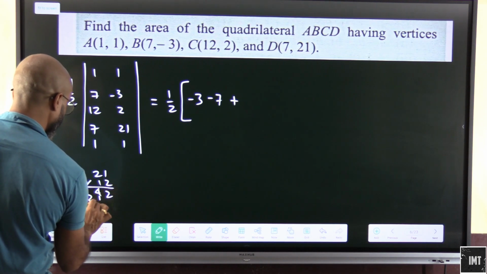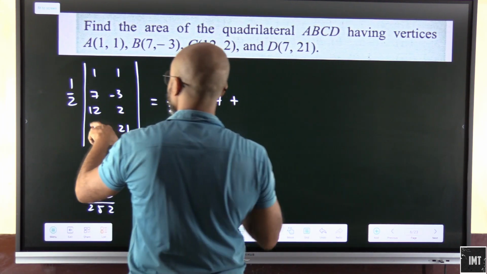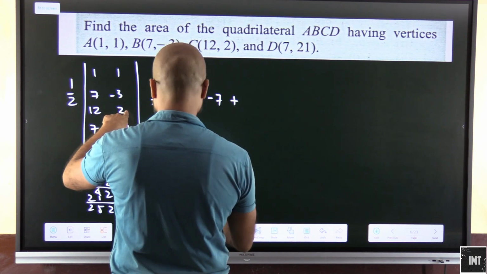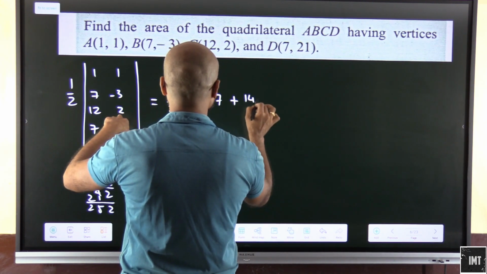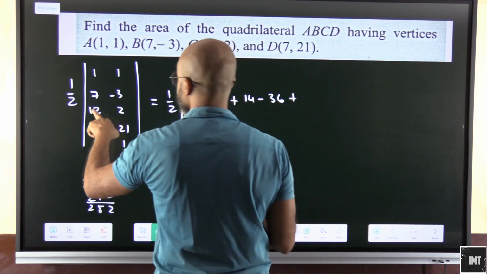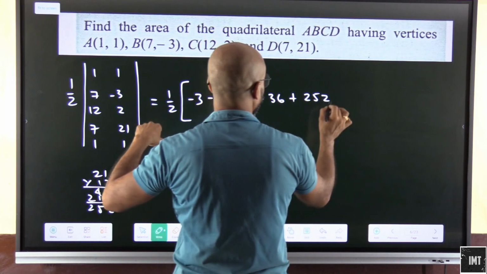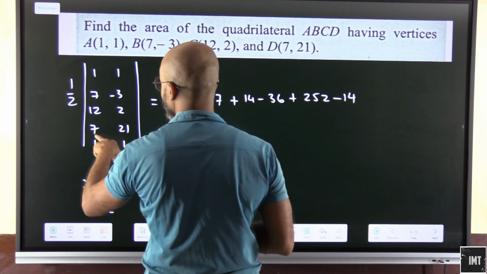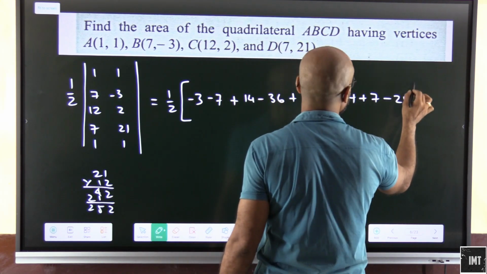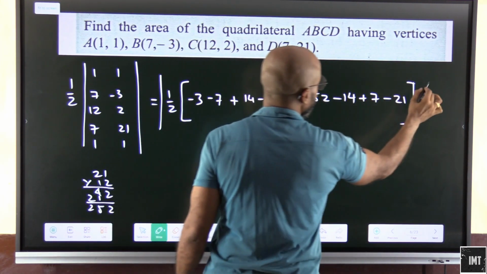42, 21, 252, so this will be 12 minus 3 minus 7, 2 sevens are 14, plus 14 minus 36 plus 252 minus 14 plus 7 minus 21, so this will be in mod.